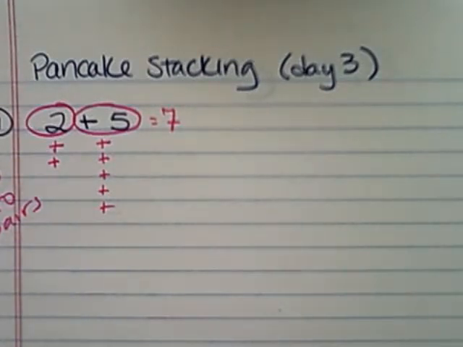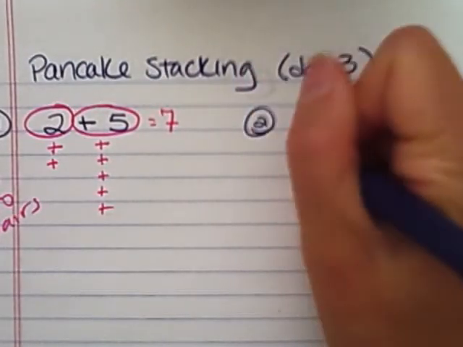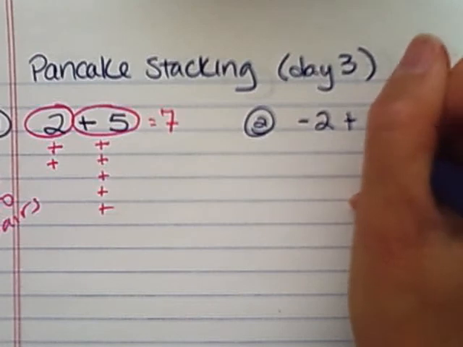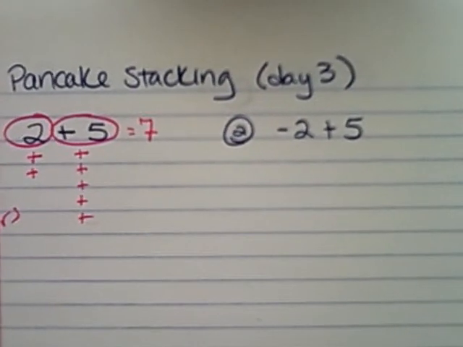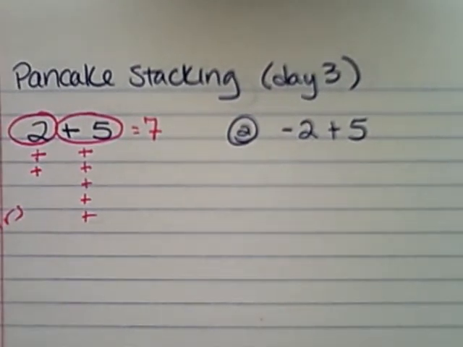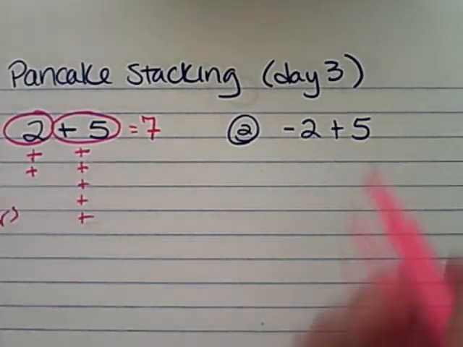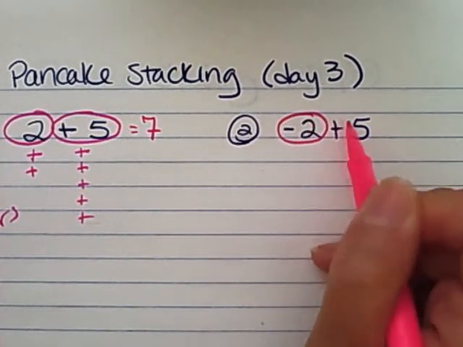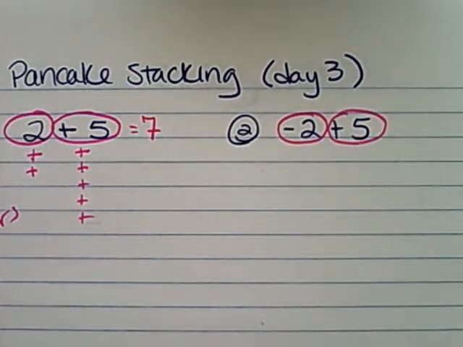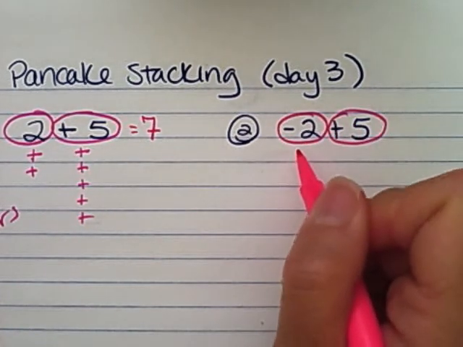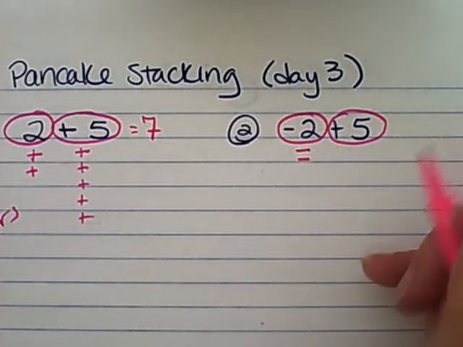And then problem number 2. These are just ones we know how to do. Negative 2 plus 5 looks like a pretty typical pancake stacking problem. You are going to start off by circling your integers. My first integer is negative 2, so I'm going to use 2 negative signs to represent it.